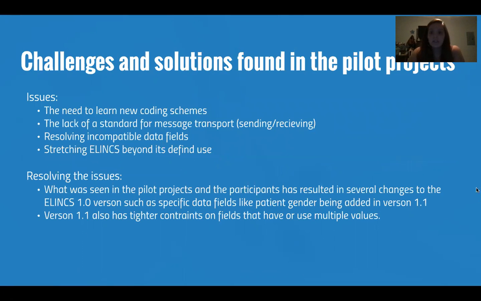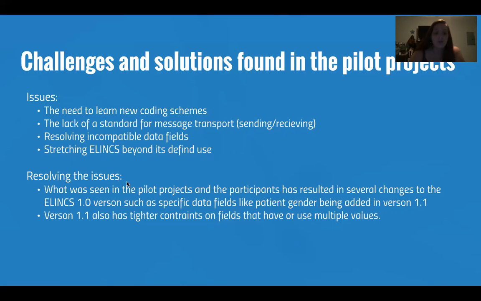Challenges and solutions that the pilot projects found within the ELINX 1.0: these issues came with learning the new coding scheme that it came with, the lack of standard that the hospitals already had, resolving incompatible data fields from the hospital to the ELINX standard, and stretching ELINX beyond its defined capabilities, which was eventually resolved, thus creating the ELINX 1.1.